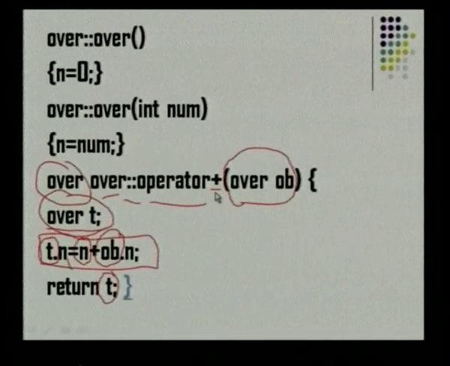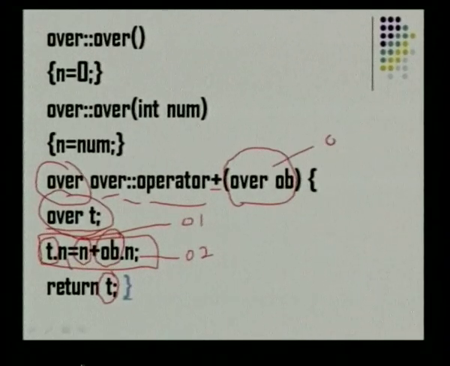So, how does the compiler understand or execute this particular function? It will go to this binary operator function where this first n is taken as O1's n, this OB dot n is taken as the n of O2, this OB is understood as the object O2, and this T is understood as the object O3. So, now O3 is mentioned because it has to hold the result.